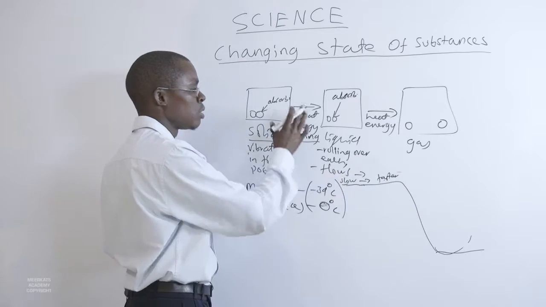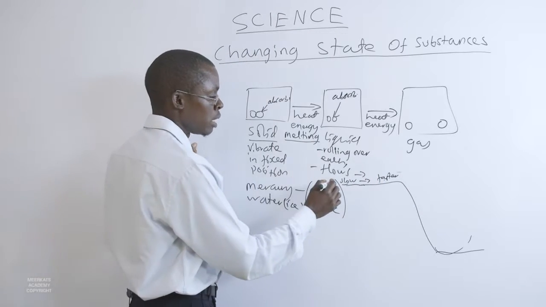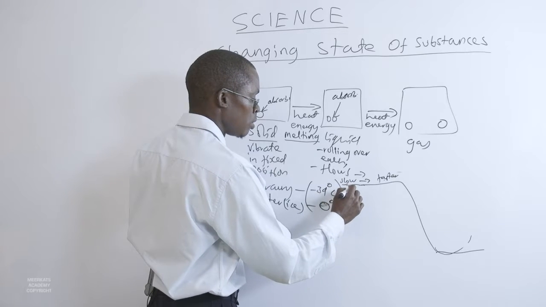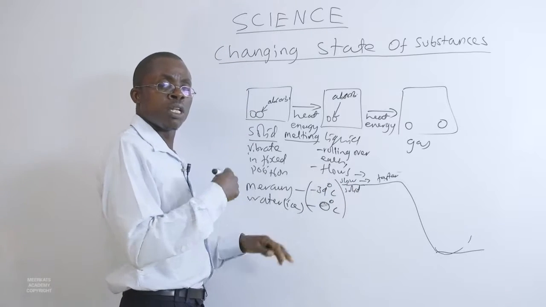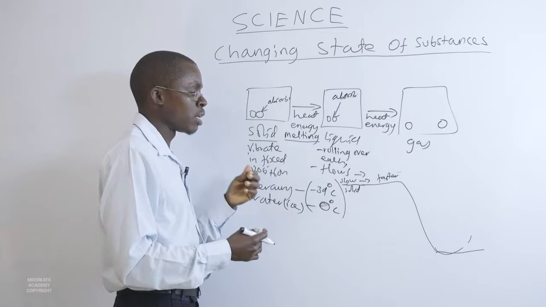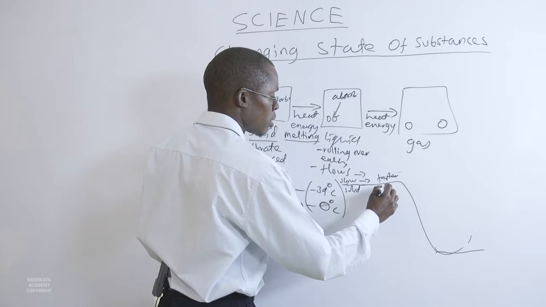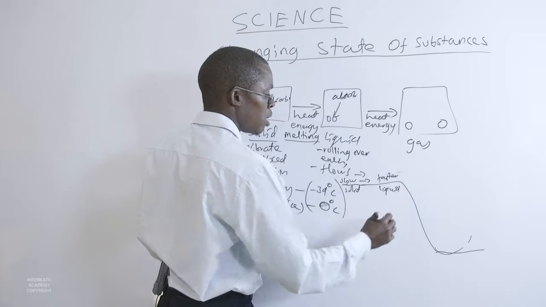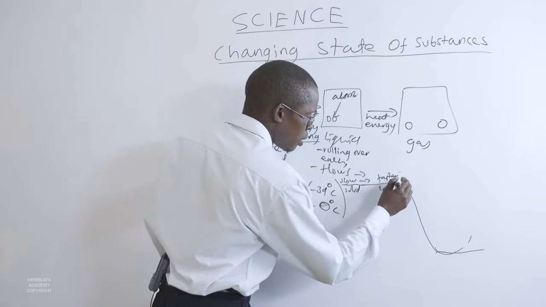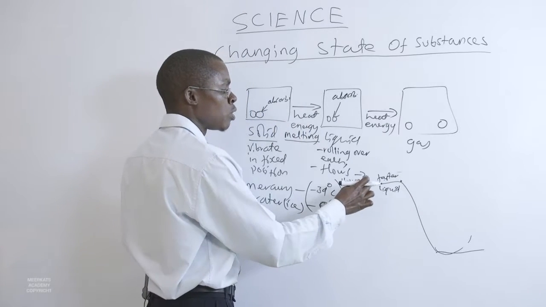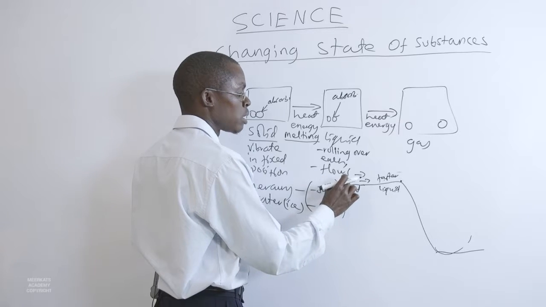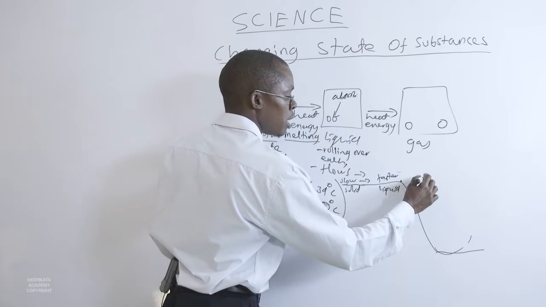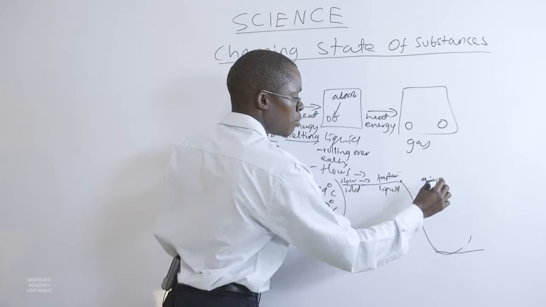We can relate this to the states of matter: the slow movement we can relate to a solid. But as you gain more momentum, moving faster here, you can talk about a liquid. But on reaching this point, you will not continue on this surface. Instead, you will be airborne.